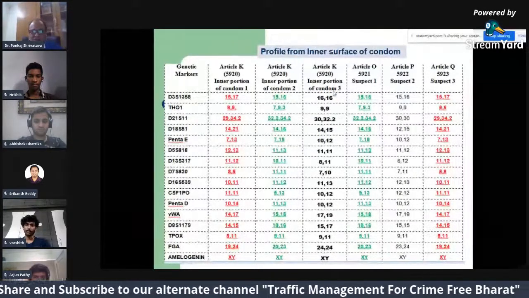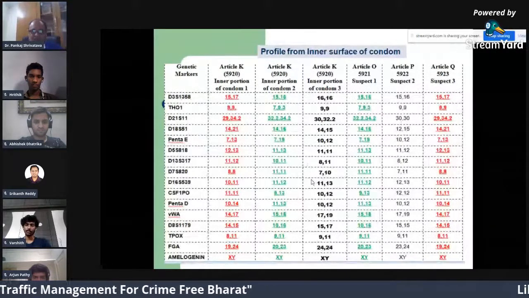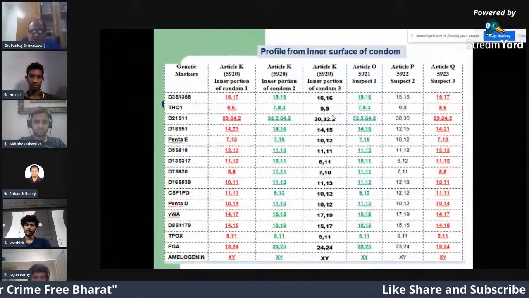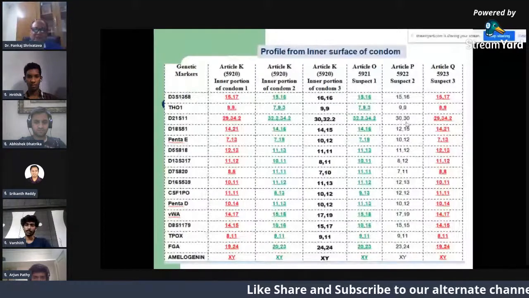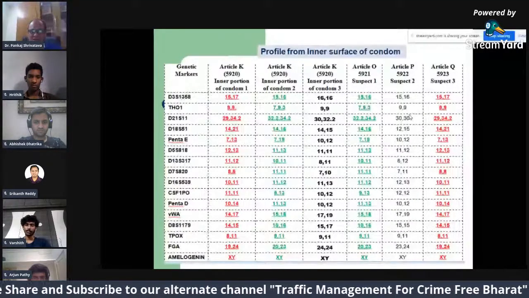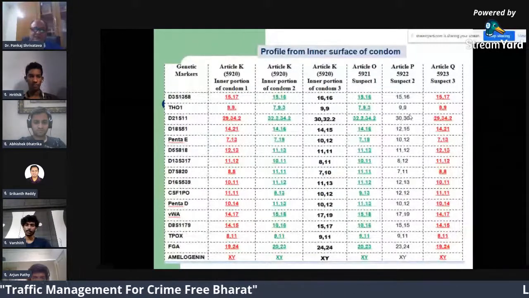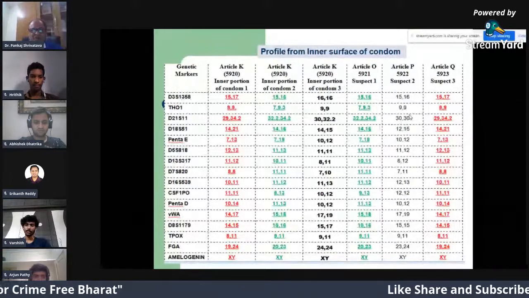Now if you see this profile, which is observed from condom number 3, this profile is not matching with this suspect. Now this is another beauty of DNA technology, because it's not a technique which is there to convict.